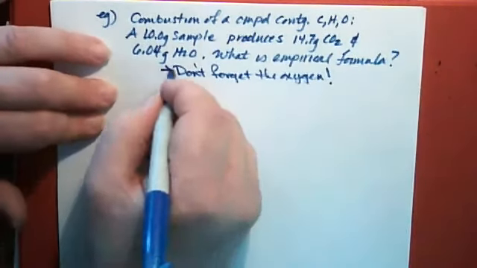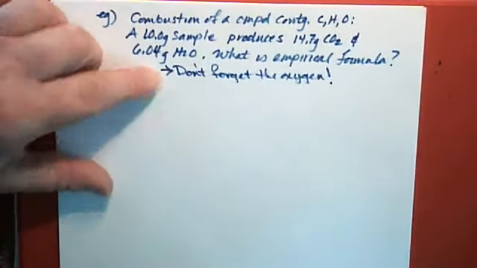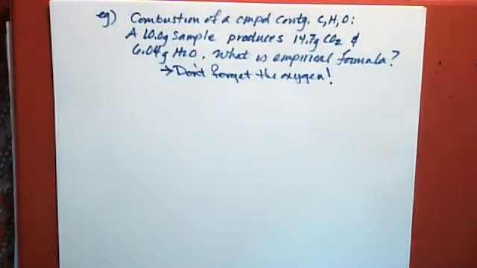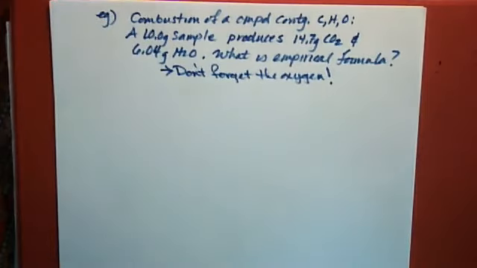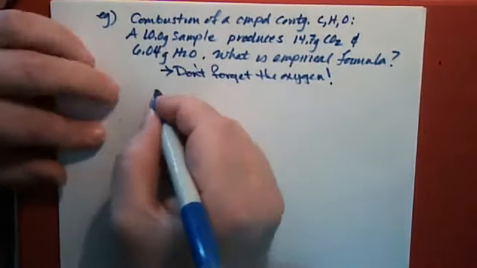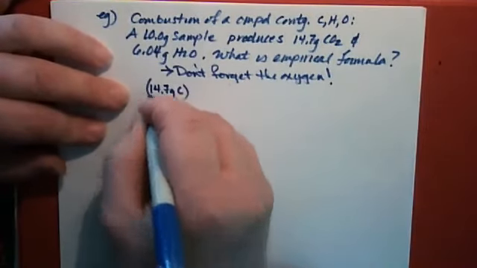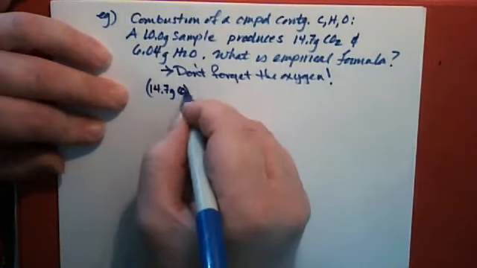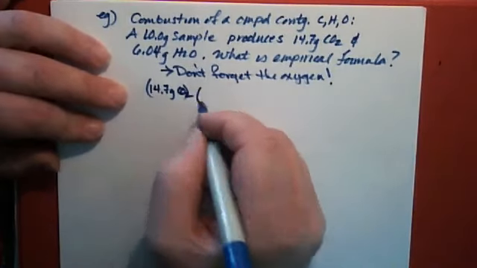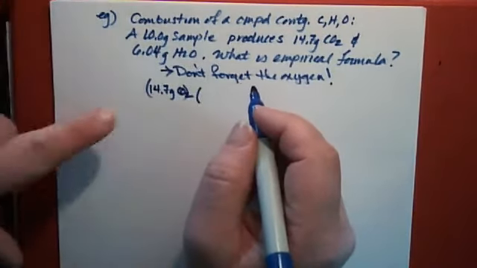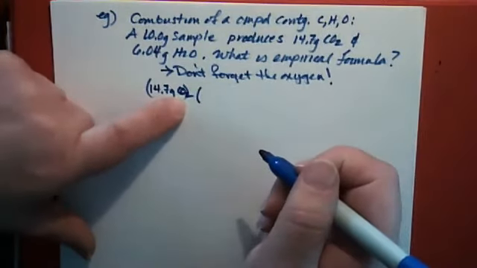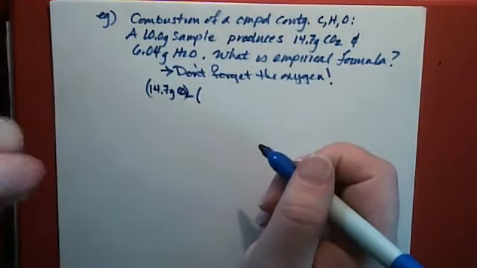First of all, I'm going to write a little note here. Don't forget the oxygen, because that's a pretty common thing to do in questions like this. So what we do is take the amounts that we're given, 14.7 grams of CO2, and we find out how many moles that is, because we know that there's 1 mole of carbon for every mole of CO2.